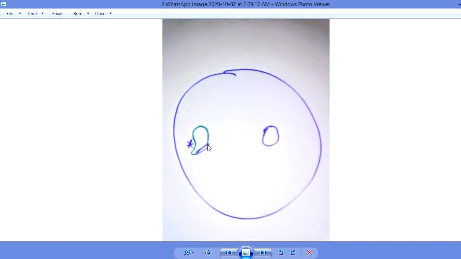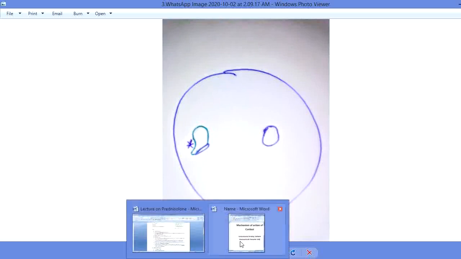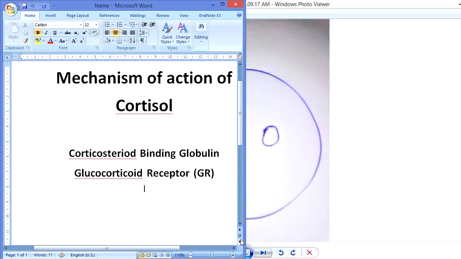There is a small protein that is called HSP. This is a small protein with the glucocorticoid receptor. This small protein is called HSP, with the SP in subscript.